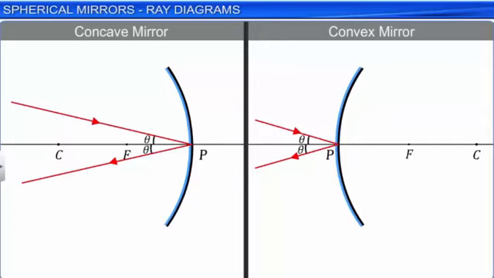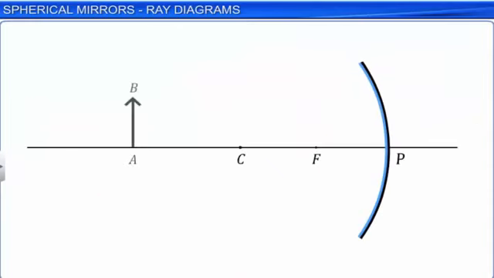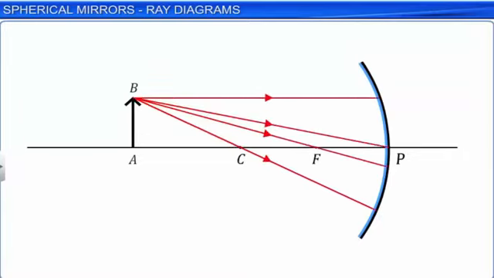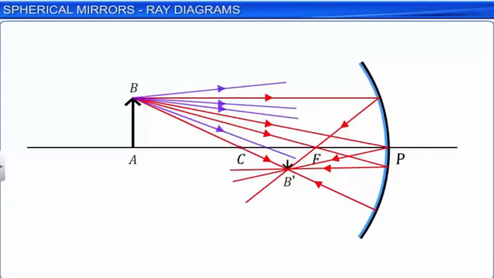Let us place an object AB in front of a concave mirror. Using the rays of light discussed, we can find the image of point B at point B dash. Not only these 4 rays, any ray that emerges from B and is incident on the mirror, after reflection passes through point B dash.